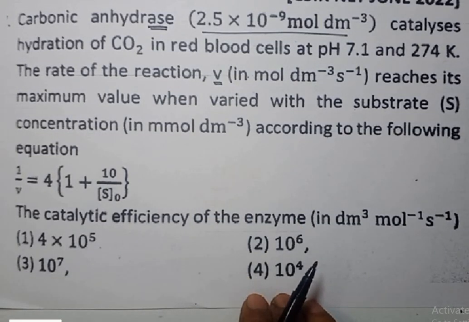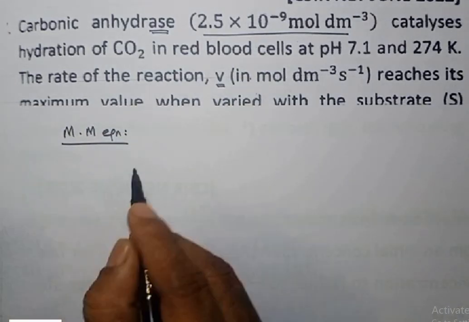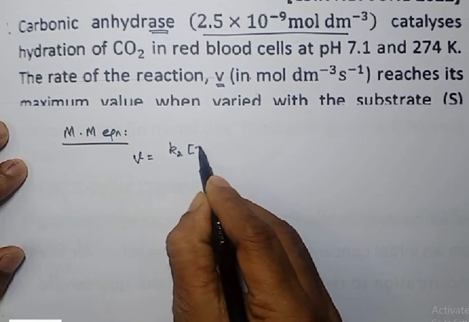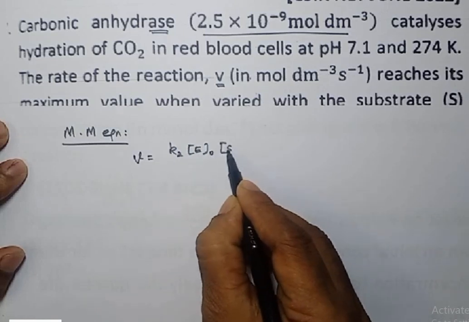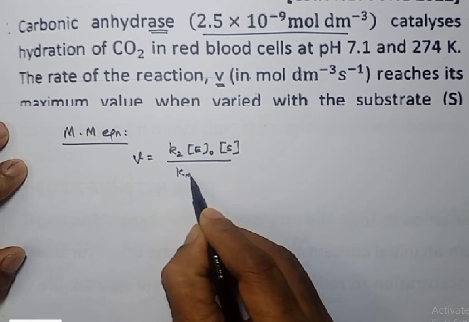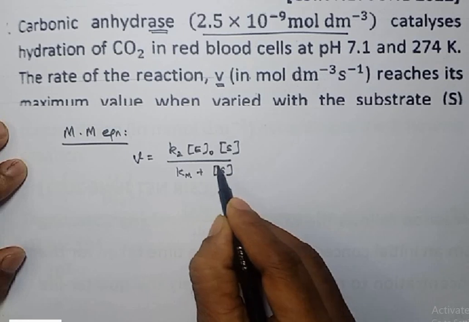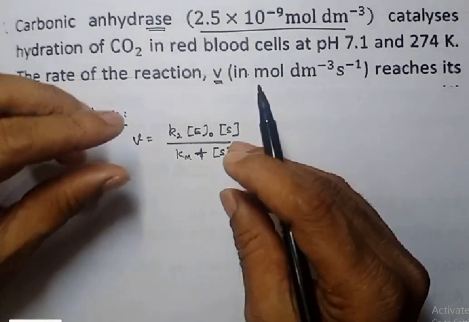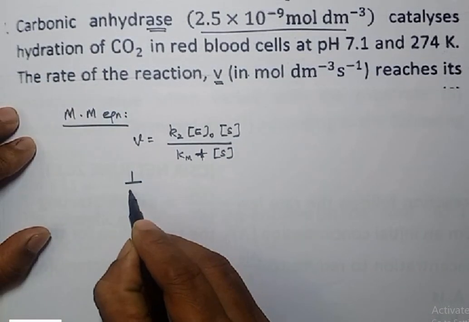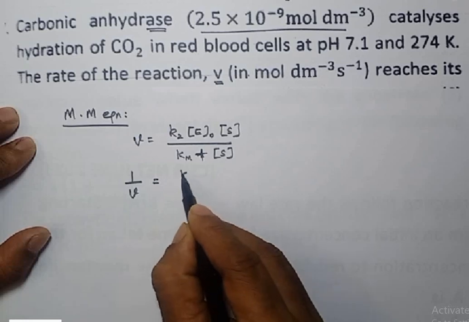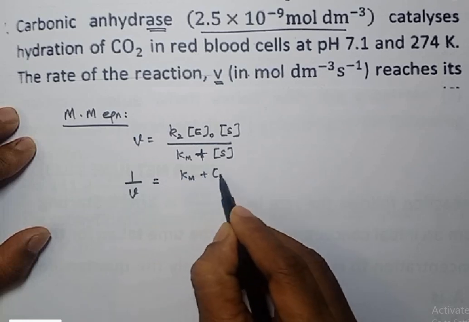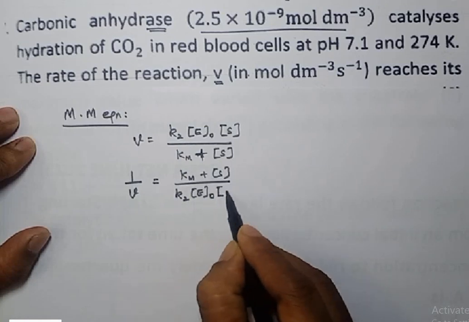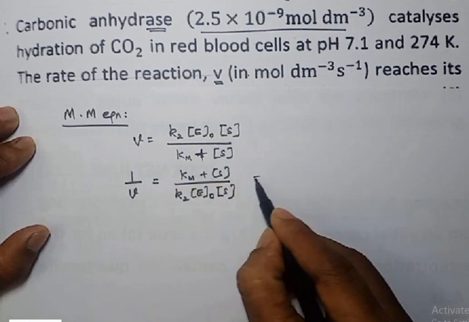We need to find out the catalytic efficiency of the enzyme. Yes, this is how to do this. Michaelis-Menten equation. What is that? Rate of the reaction V is equal to K2 into E naught into concentration of the substrate S by Km plus S. This is what we call the Michaelis-Menten equation. If we take the reciprocal of this equation, we get 1 by V equal to Km plus S in the numerator divided by K2 into E naught into S. You can separate this into two parts. How?